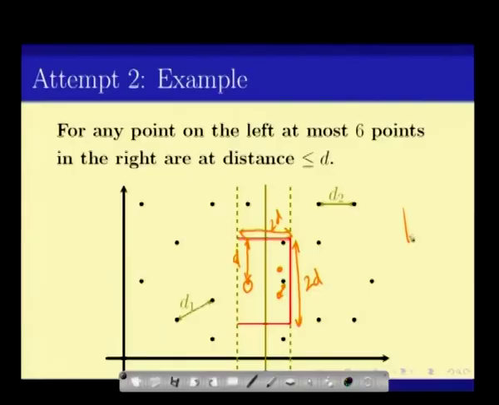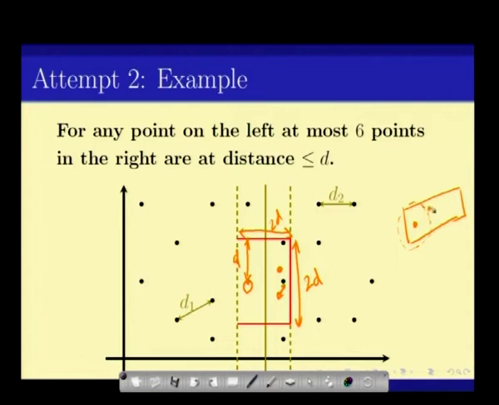The idea is very simple. If I have a box like this and I put a point here, then if I draw a circle around it at distance d, I cannot put anything between this point and the circle, because then the distance would be less than d.